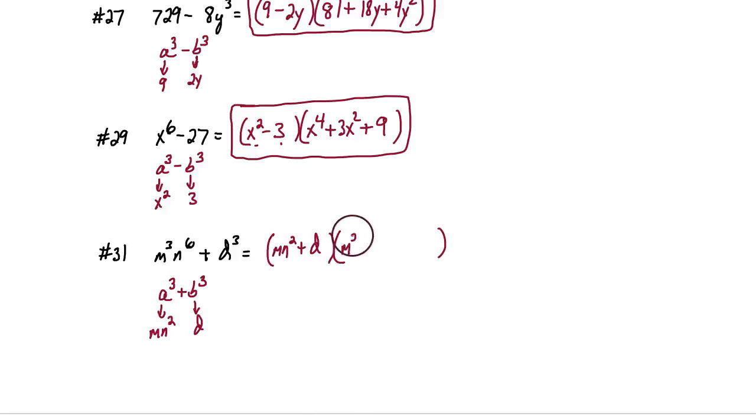We get m squared n to the 4th. Change the sign to minus. Take the product of these two terms. We have d mn squared. Then a plus. And now square the d.